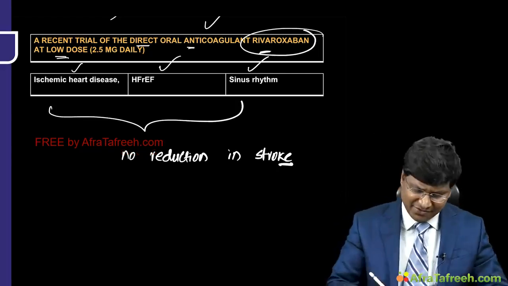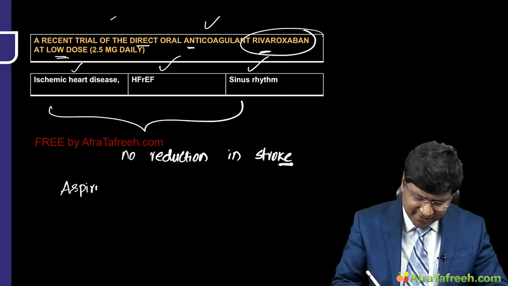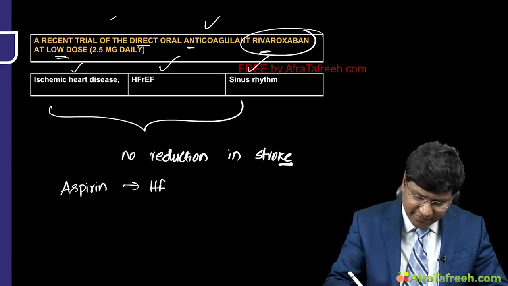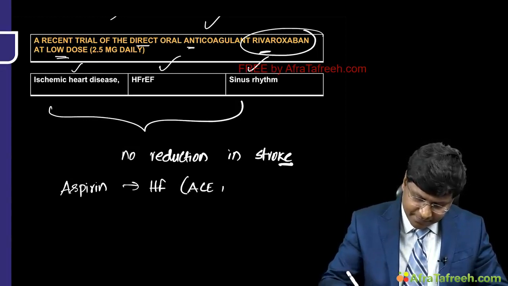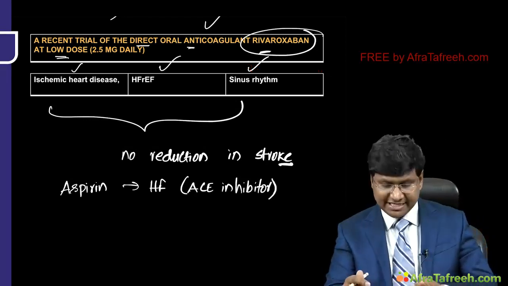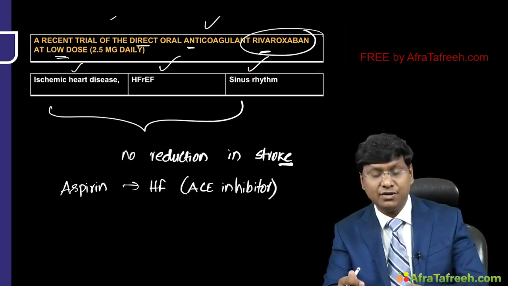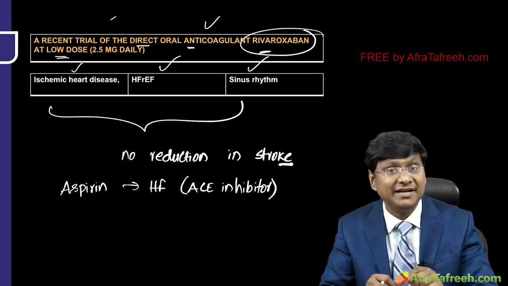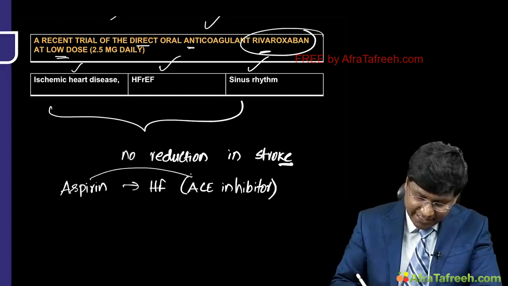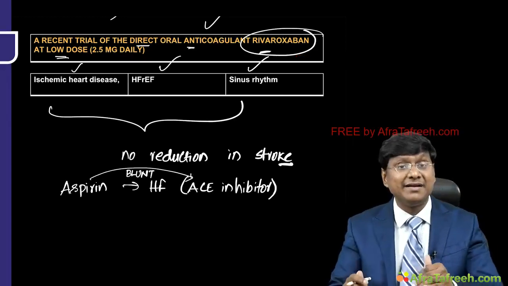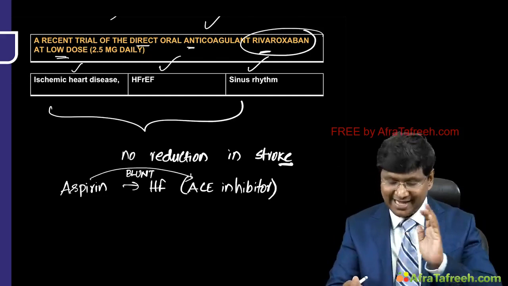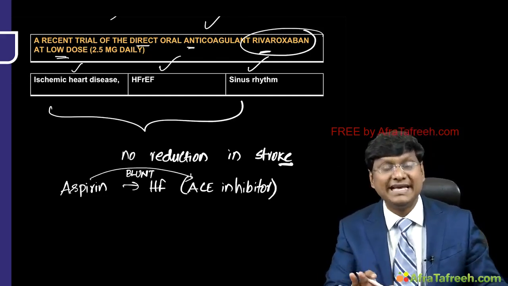And not only that, whenever you give aspirin to patients with heart failure who are already taking an ACE inhibitor, remember, aspirin will blunt the activity of the ACE inhibitor.